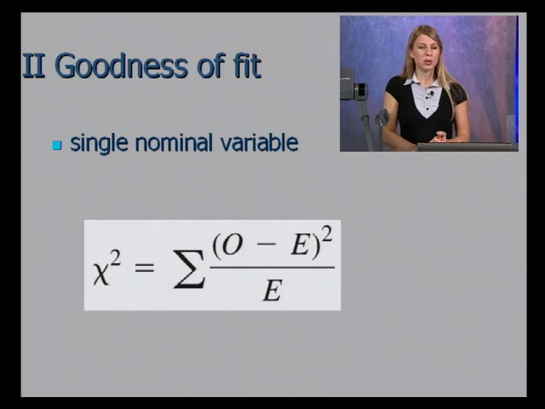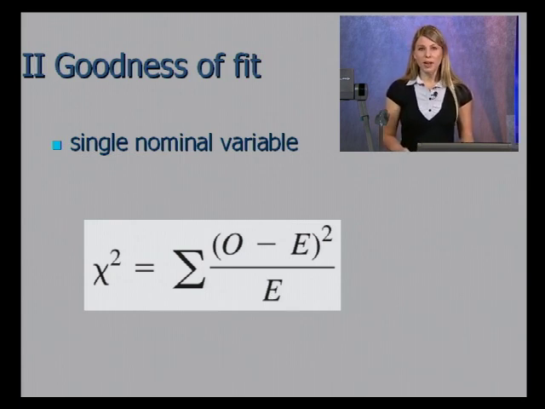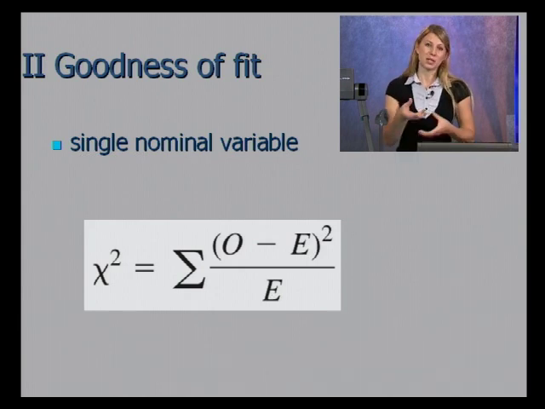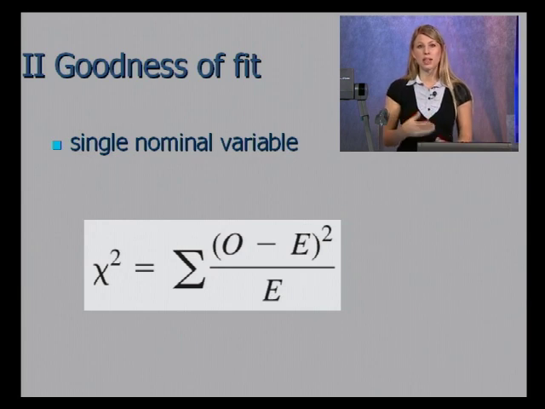So this chi-square statistic, you can see the little x squared, that's the symbol for chi-square, and the formula is just the sum of observed counts minus the expected counts, squared, divided by the expected count. So in our condition, if we had 100 students, we were testing the fit of 50% men, 50% women as our null, we would expect to get, out of those 100 students, 50 men.